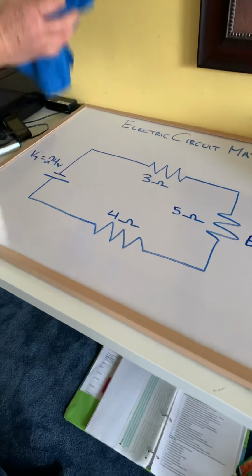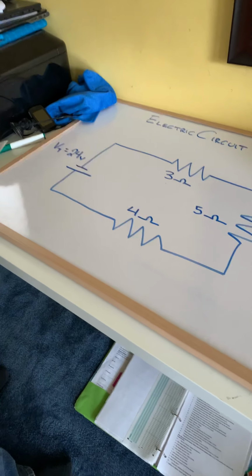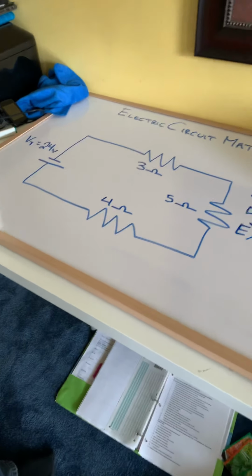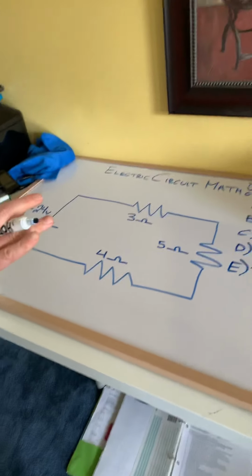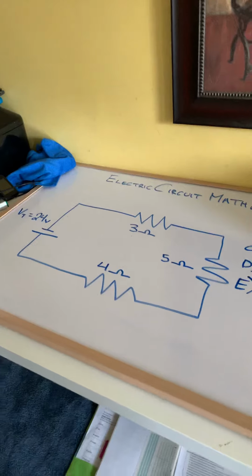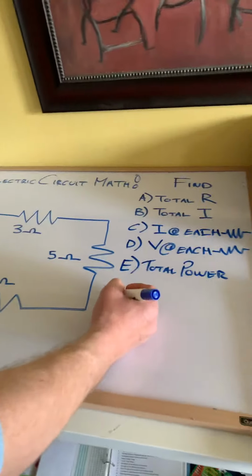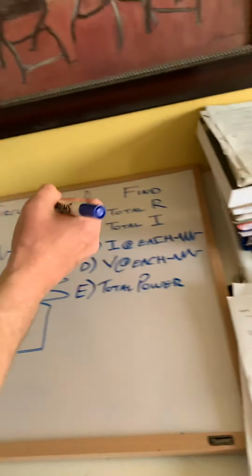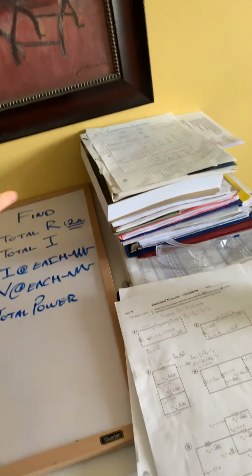B is total current. For total current, we're going to go back to Ohm's law, because now we actually know our total resistance. What was it? 12 ohms. So keep that in mind. We have a total voltage here and 12 ohms there.